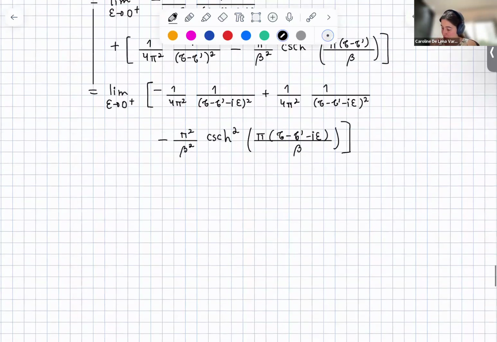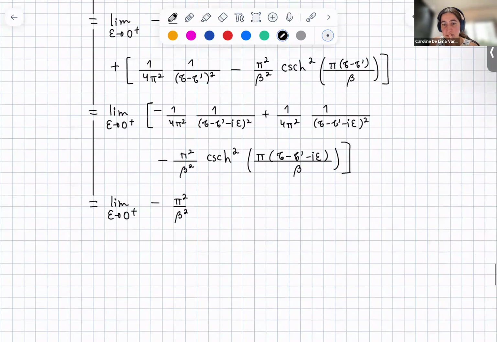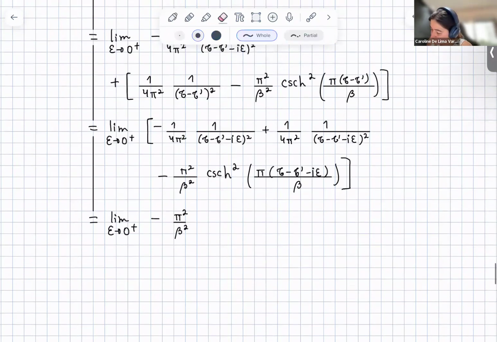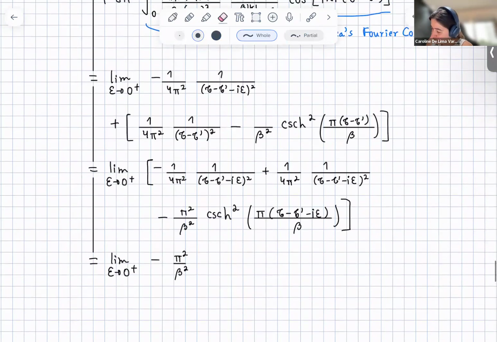Okay, so the result is going to be simply minus pi squared over beta squared. Wait, I think I forgot that there was some pi squared multiplying before in the result from the integral.